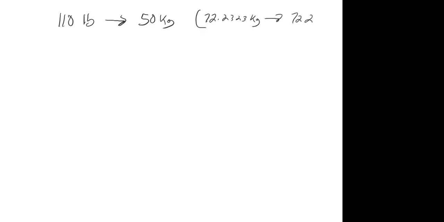So you already answered the first part, which is kilograms. Now, as an aside, if you got something like 72.2323 kilograms, you would round that to the nearest tenth. So just do 72.2 for your calculations. Keep in mind that you want to round that to the nearest tenth.